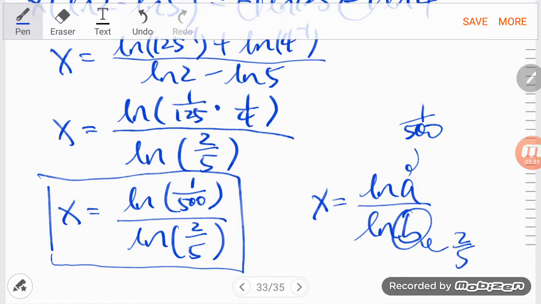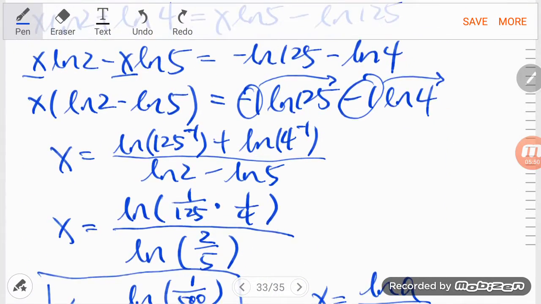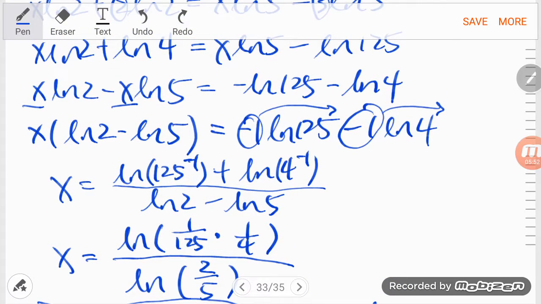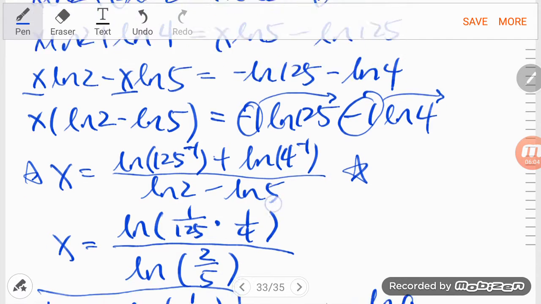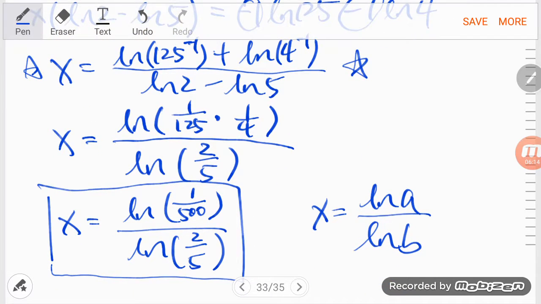In the previous video, when I reached that step, I would have used a calculator, but right now I can't because the question wants us to express x in this specific form. So I will have to use the properties and combine them in a way that gives me ln something in the numerator and ln something else in the denominator.